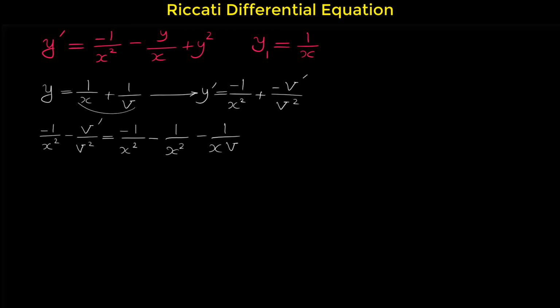Again, if you multiply this expression by itself, or if you use the identity, this expression squared is 1 over x squared plus 2 over xv plus 1 over v squared. Now let's see what simplifies from the two sides of this equation.